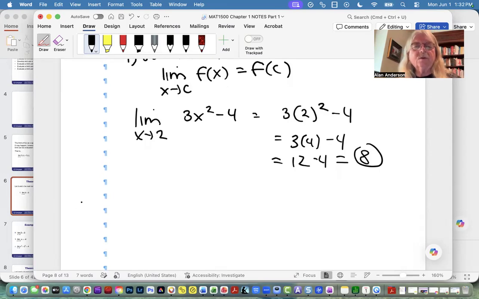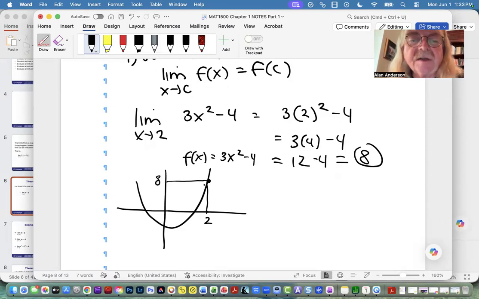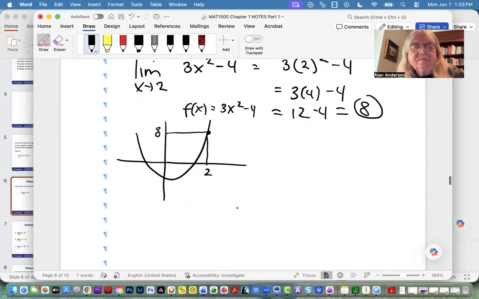And if you were to draw a picture of this, you would see that the limit is 8 because when x equals 2, y equals 8. It's as simple as that. Doesn't matter if you're coming from the left or from the right, you'll always get the same answer.